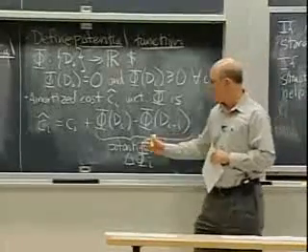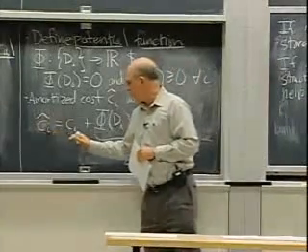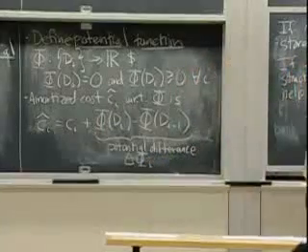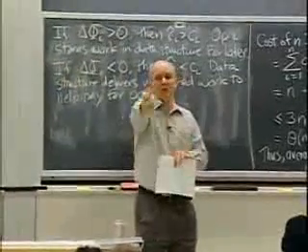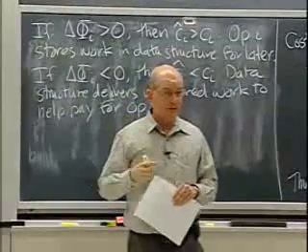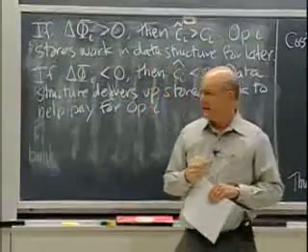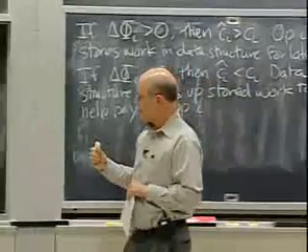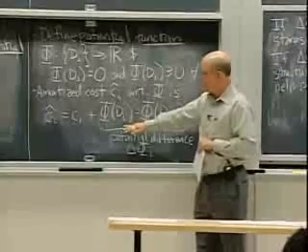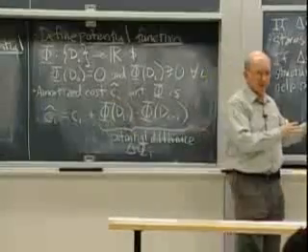And so the data structure provided work to be done, because the true cost was bigger than the amortized cost. So if you think about it, that's the difference between the potential function point of view versus the accounting point of view.